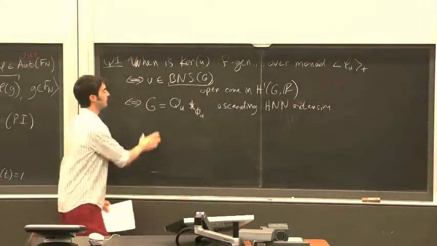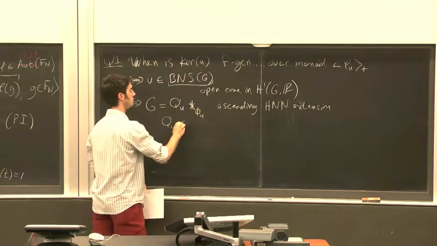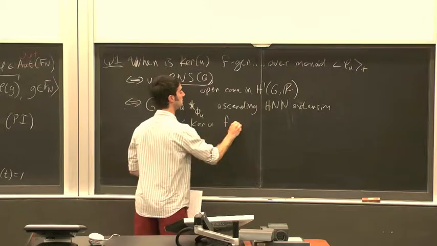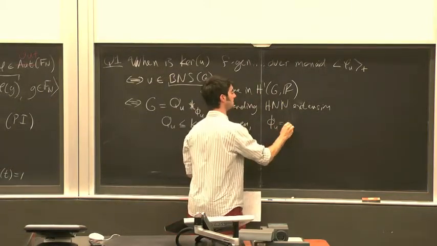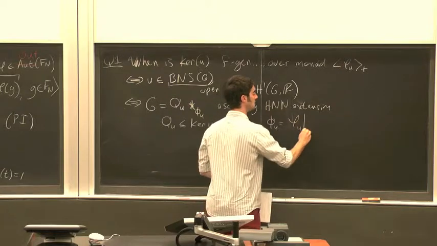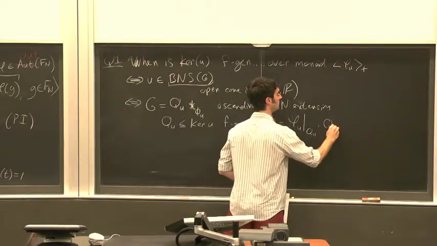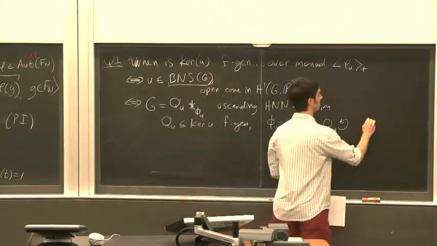So it's equivalent to being able to write your group as an ascending HNN-extension where this Q will be some finitely generated subgroup of the kernel. And this phi is just the restriction of the monodromy to that finitely generated subgroup. And it preserves that subgroup. So it acts on it like that, and it's going to be injective.